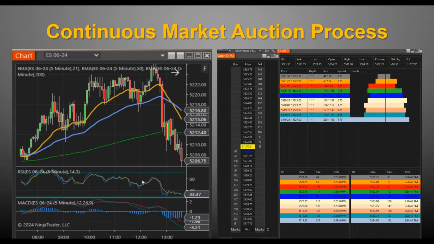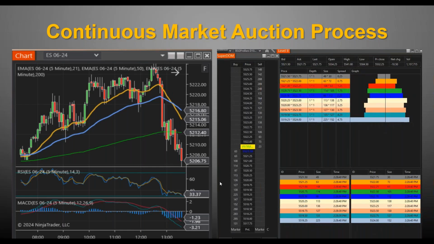That's why you need to know how much pressure is building in the current order book, and also what happened in historical pricing. If you combine level two information plus price action, what happened so far, you'll be able to see a much better flow of the auction process. That's my main point.